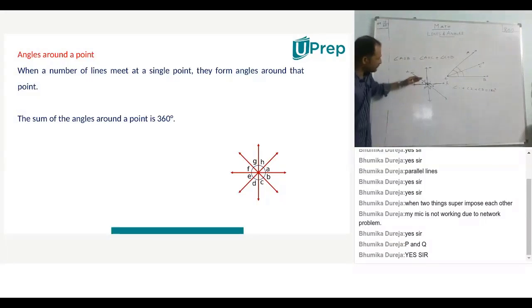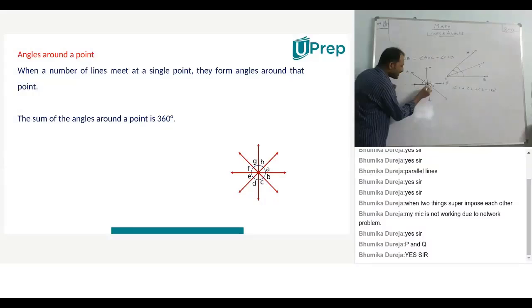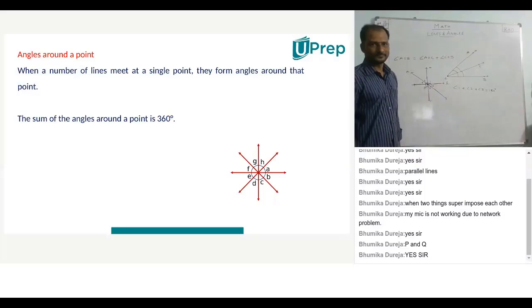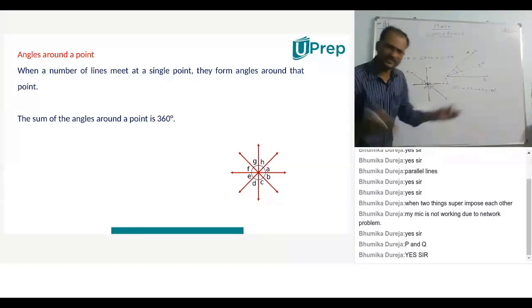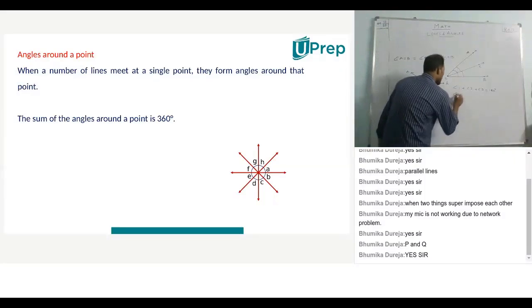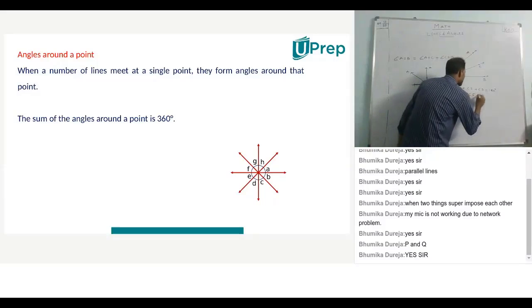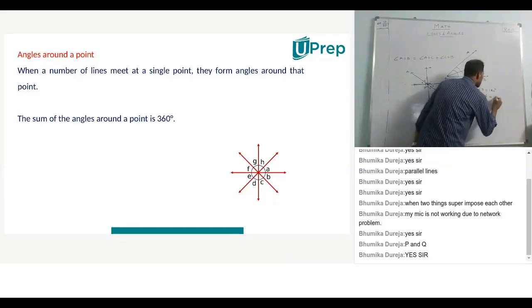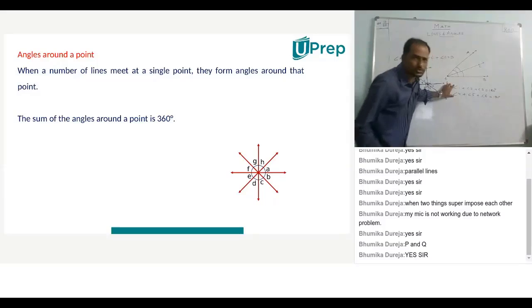In the same way, if you look down of this line L, again we have one more ray and the other ray here, and three different angles are formed, that is 4, 5 and 6. Now what will be their sum? Same, 180 degrees. So angle 4 plus angle 5 plus angle 6 is equal to 180 degrees. If you add up these two equations, then what do we get?